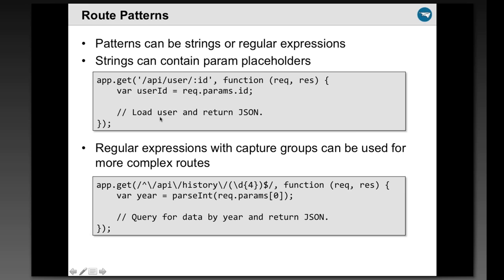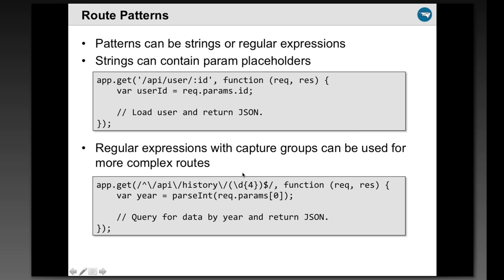If you have complex constraints that you want to put on these patterns, you can use regular expressions. And so here's a more complicated example on the same slide that's saying /api/history and then 4 numeric digits. So apparently we want the year here. And we are reaching inside req.params and grabbing the first capture group.